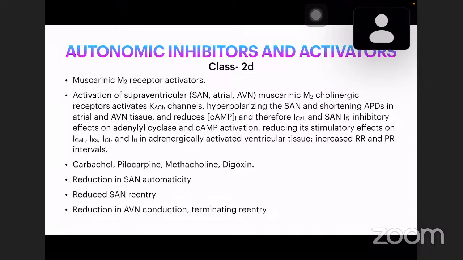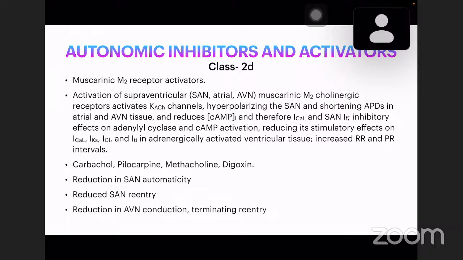So thus it reduces the cyclic AMP, therefore decreasing the inflow of the calcium, and also decreases the inflow of funny current into the SA node. So this inhibitory effect on adenyl cyclase and cAMP, reducing the stimulatory effects of calcium, potassium, and chloride, and baseline adrenergically activated ventricular tissue also inhibits, and thus it causes the increased RR interval and PR intervals.